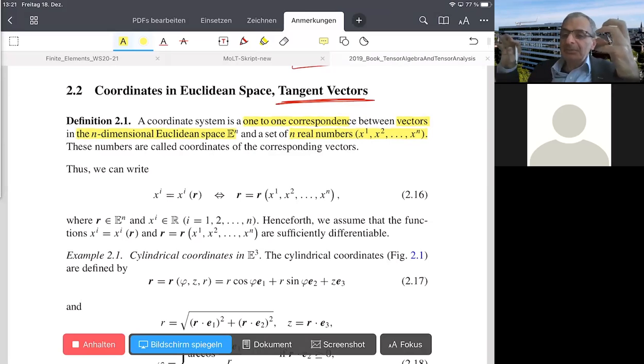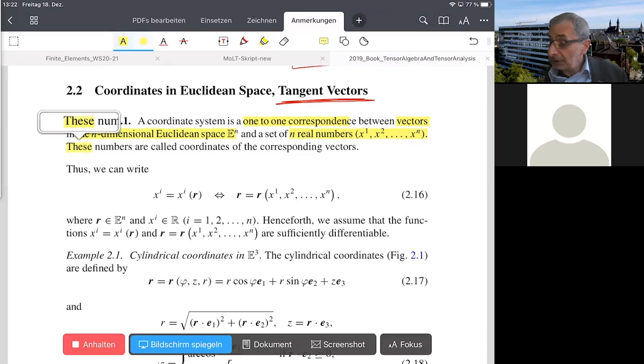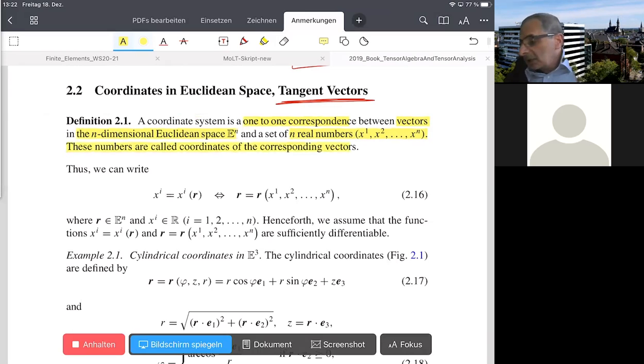A unique set of numbers, unique because of this one-to-one correspondence, and vice versa. If I give you n numbers, you can give me a unique vector in this n-dimensional Euclidean space. By the way, these n numbers are called coordinates of the corresponding vector, right?